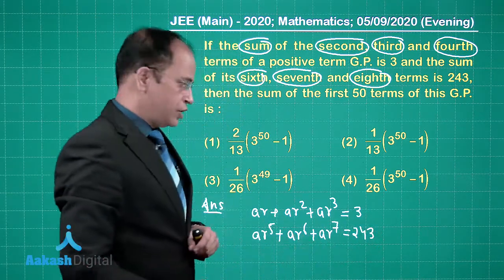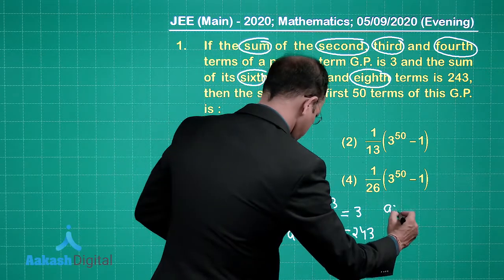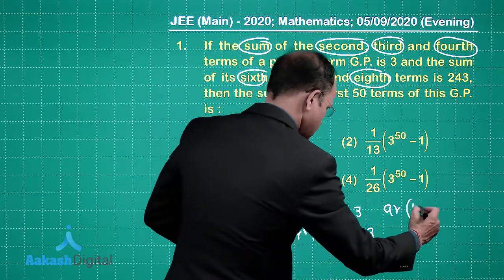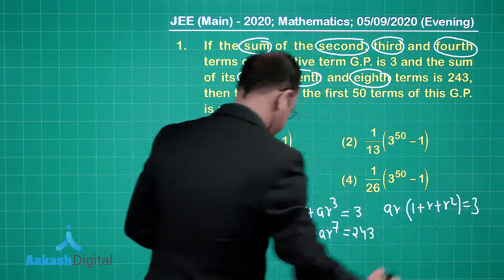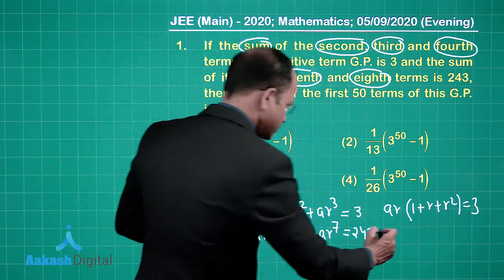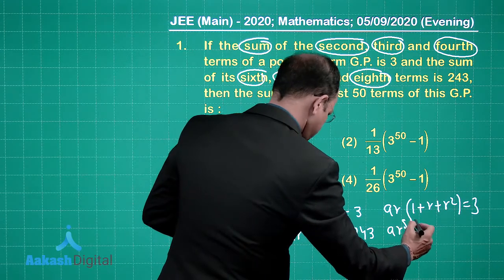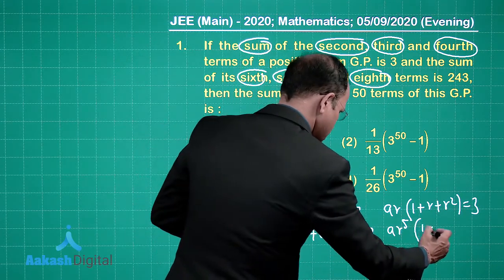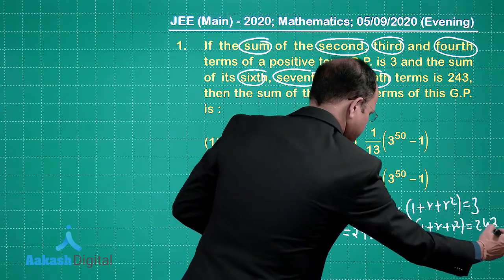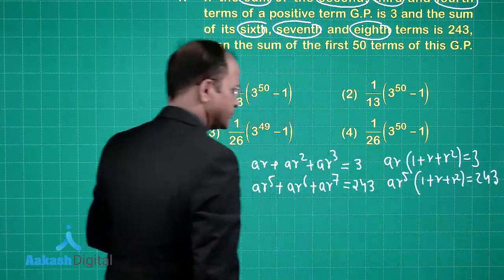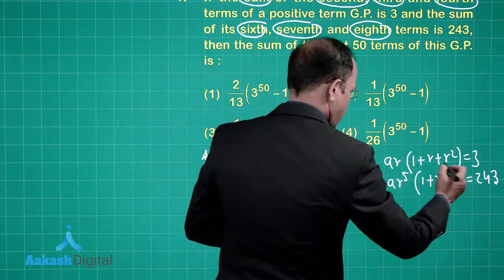Got it? Now if I take ar common, I have a r times 1 plus r plus r square is equal to 3. Here we can take ar^5 common, and this is again 1 plus r plus r square is equal to 243 we have, right? This is equation number 1 and this is equation number 2.